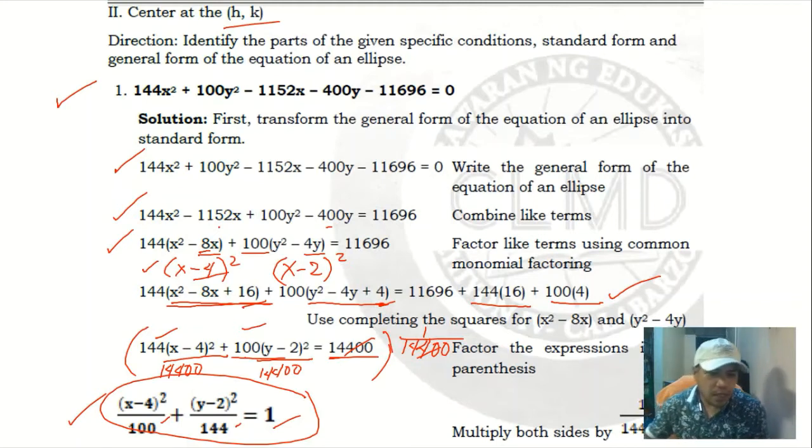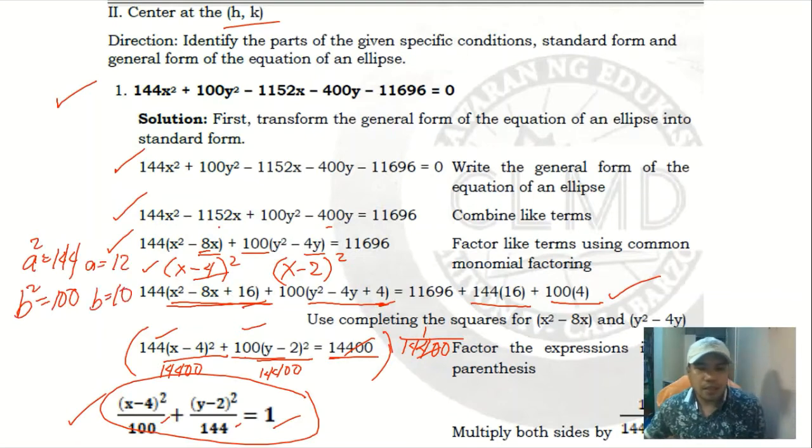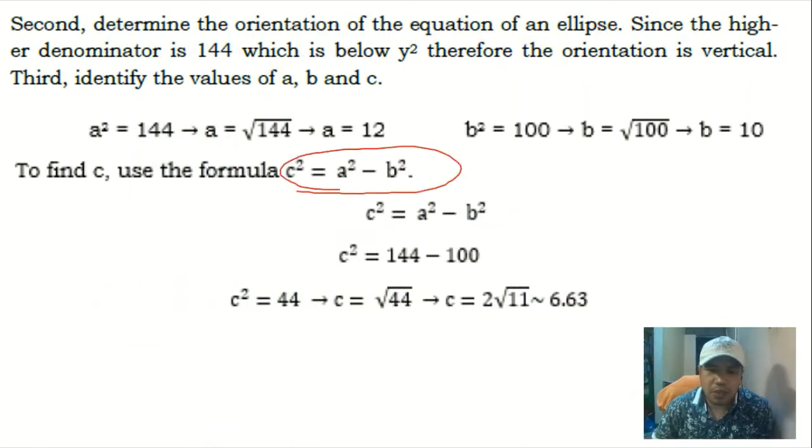So, ang value ng A squared is 144. Ang B squared is 100. So, A is equals to 12 and B is equals to 10. So, the value of C from the given is C squared is equals to A squared minus B squared.